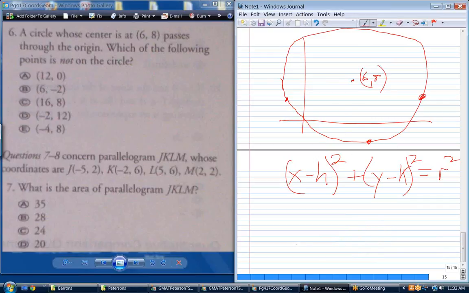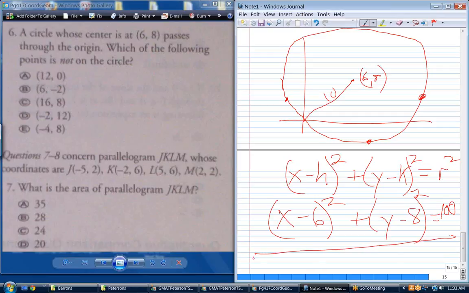However, this problem we have, it's not at the center. So the equation of this circle is going to be x minus 6 squared plus y minus 8 squared equals, well, that distance there is the hypotenuse of a 6, 8, 10 triangle. That's 10. So it's 10 squared. So there's the equation.